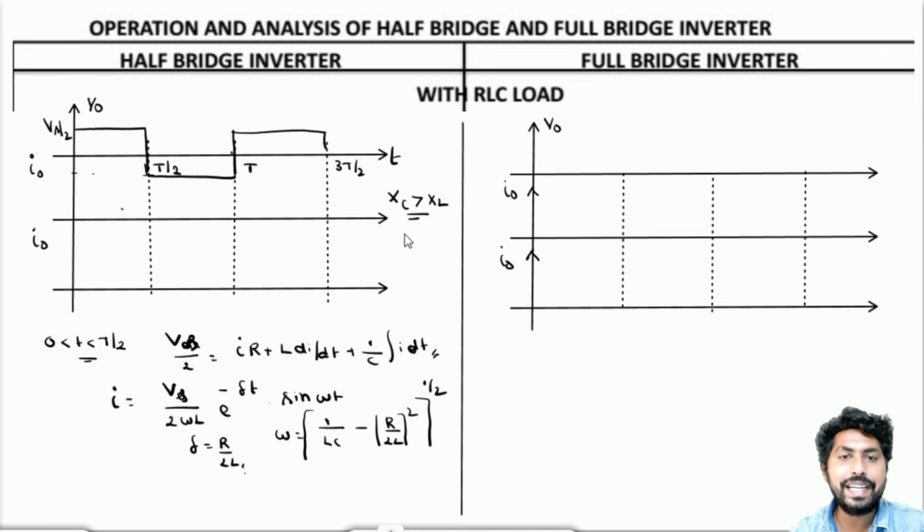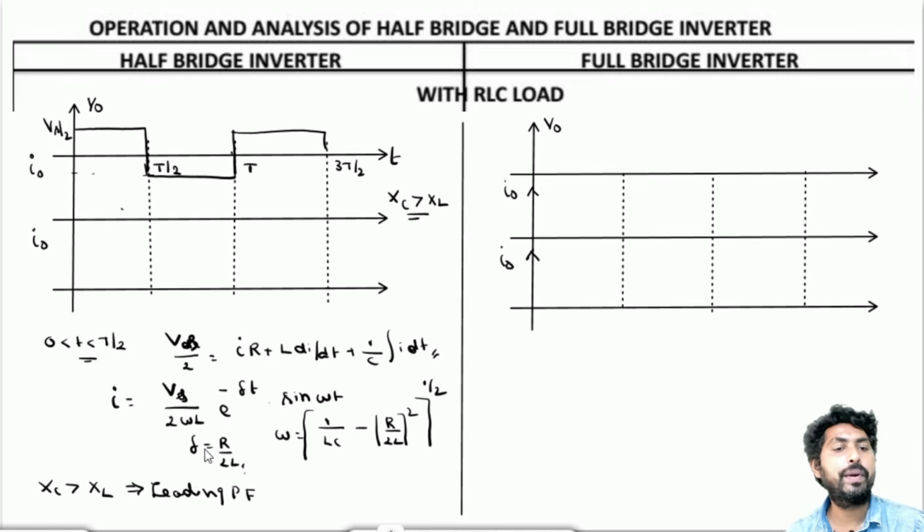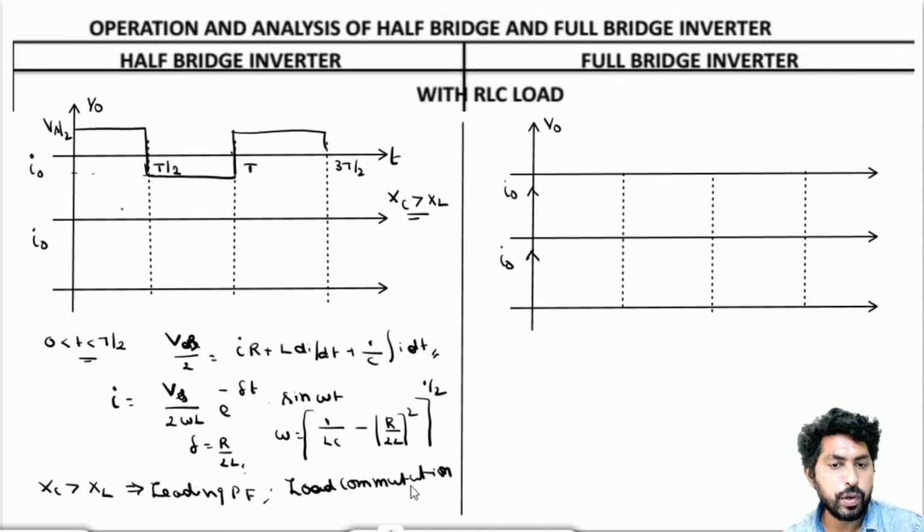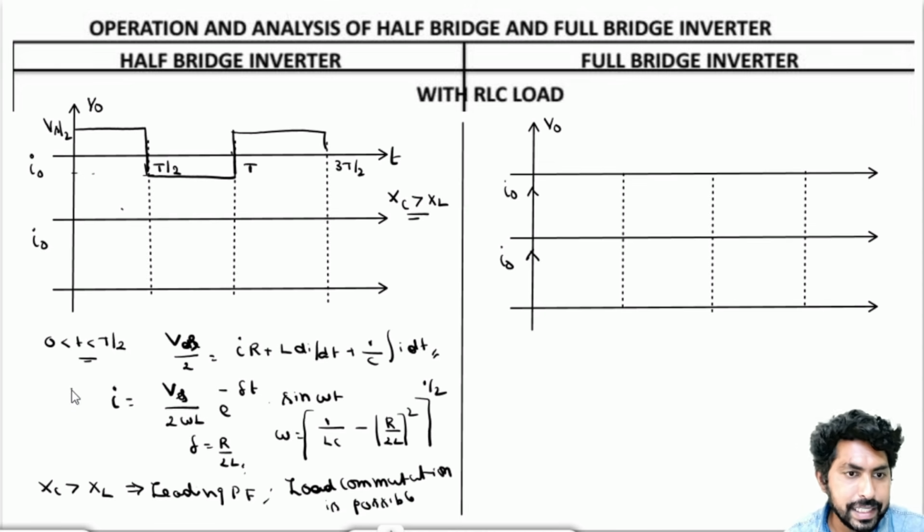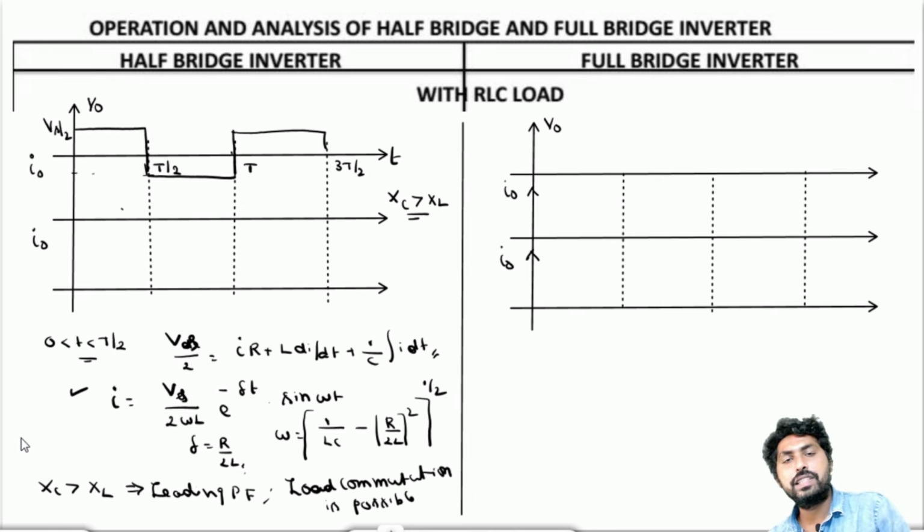If Xc is greater than XL, it is operating at leading power factor, and load commutation is possible. For this equation, please refer to class A commutation in the DC to DC converter lecture.